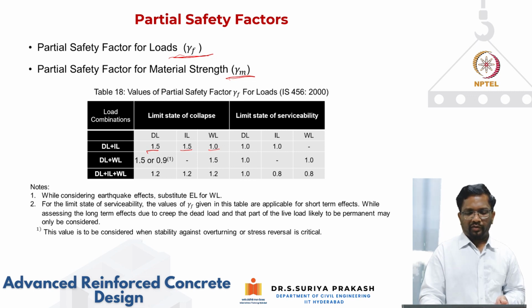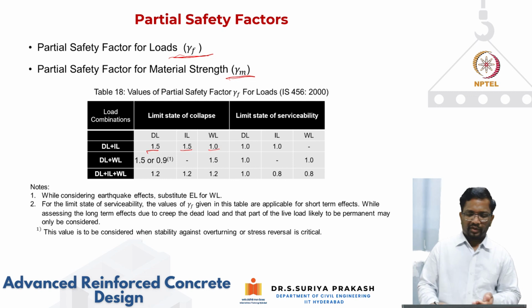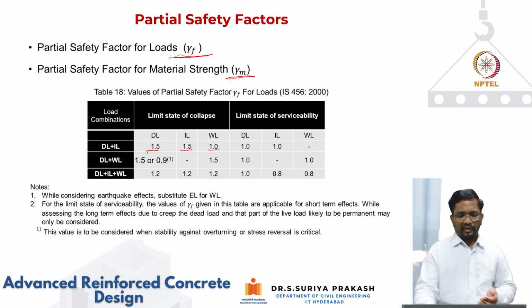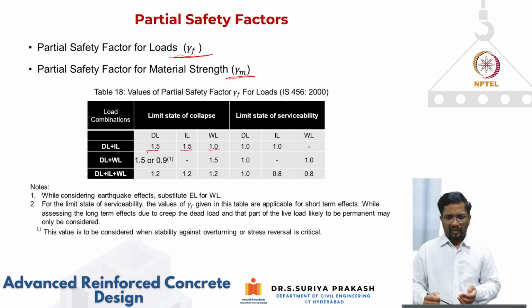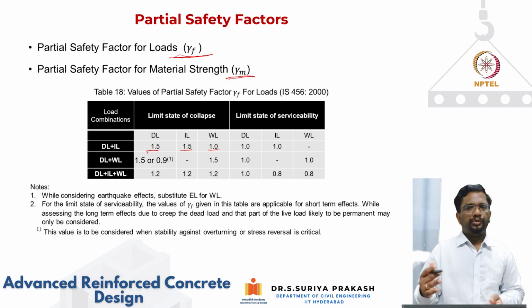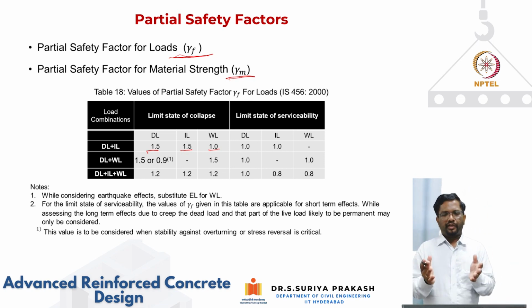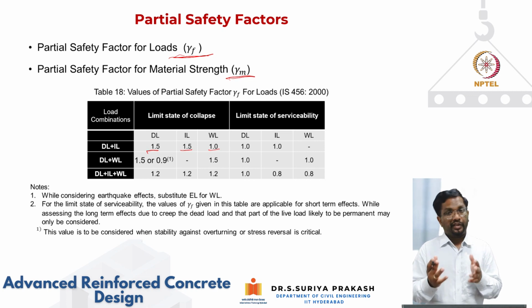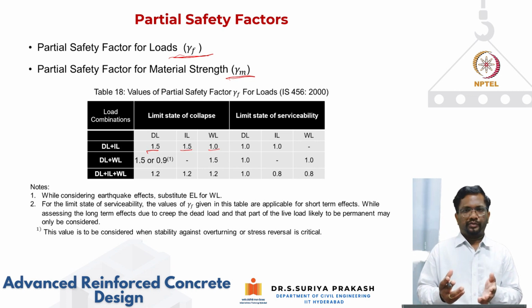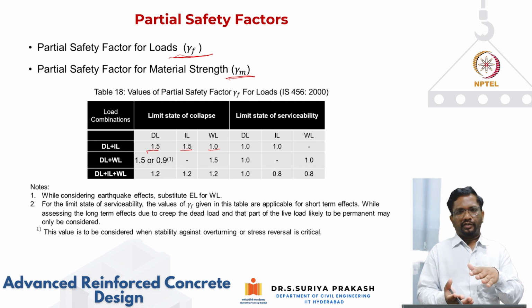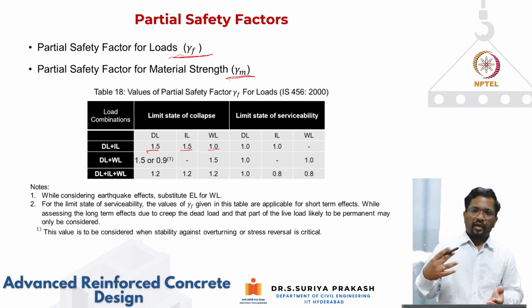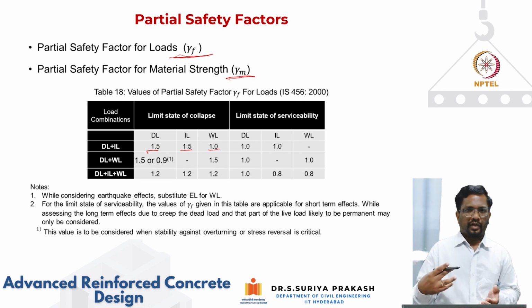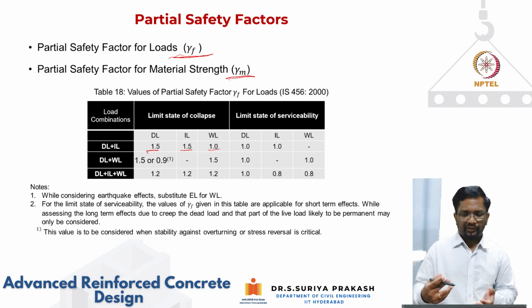Similarly, when you have dead load and wind load together, these are the load combinations that are here. When you're considering earthquake effects, the wind load can be replaced with earthquake load. Now you can argue that usually for the dead loads we know exactly, there is less variability in dead loads, because we design the thickness of the slab and we know the density of the material that we are using. So dead loads can be quite accurately calculated compared to live loads.